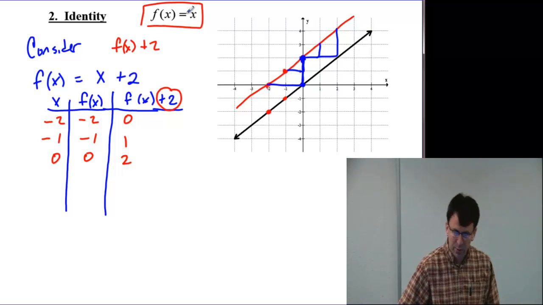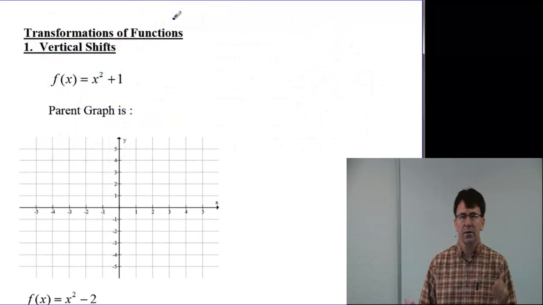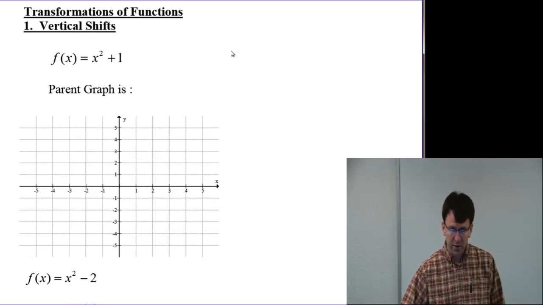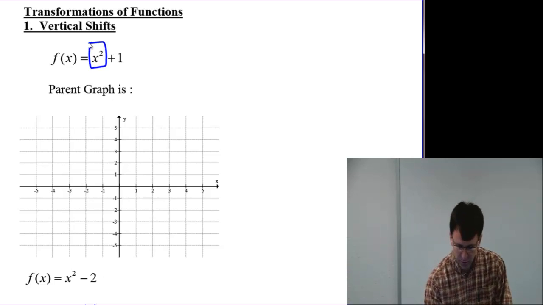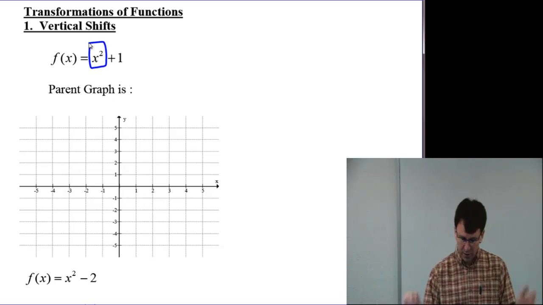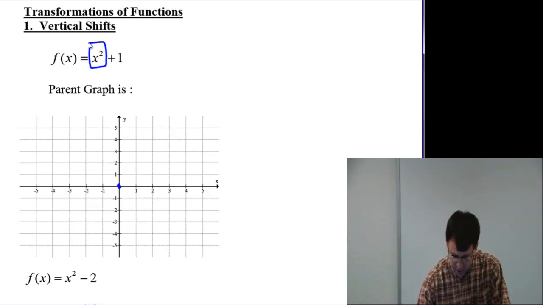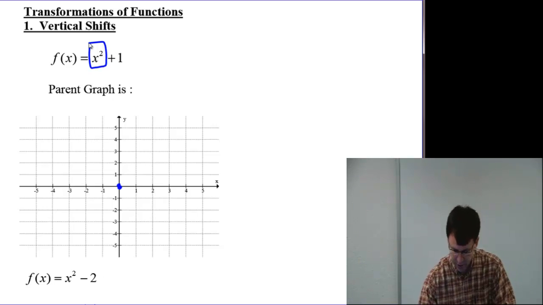So let's put that into play for one of our other functions. Now let's consider a transformational shift on my x squared function. So I have my x squared, and I could talk about what that parent graph looks like. That parent graph, x squared, I know starts at the origin and has behavior from the major point that goes right 1, up 1, and then right 2, up 4.